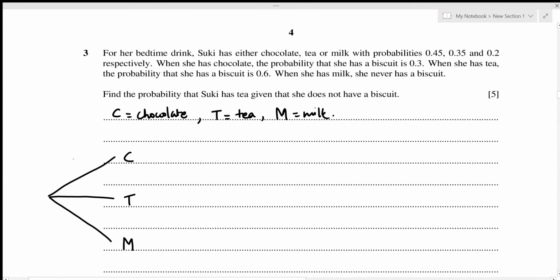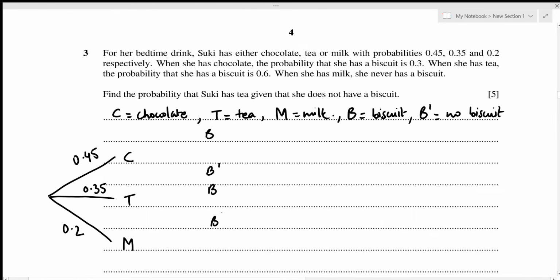So chocolate has a probability of 0.45, tea has a probability of 0.35, and milk has a probability of 0.2. And the conditional probability is whether she has a biscuit or not. So that's just going to be B for a biscuit and B dash for no biscuit. Alright, so she can have a biscuit or not, for each drink.